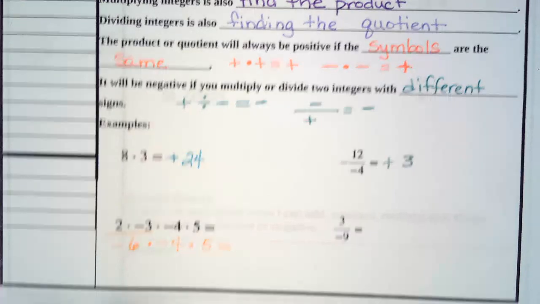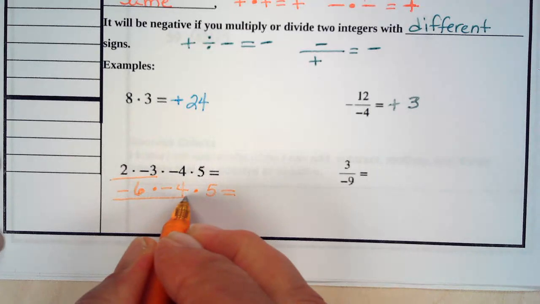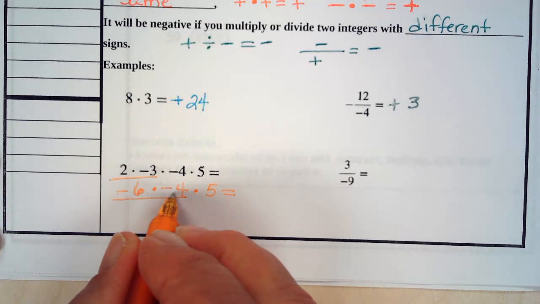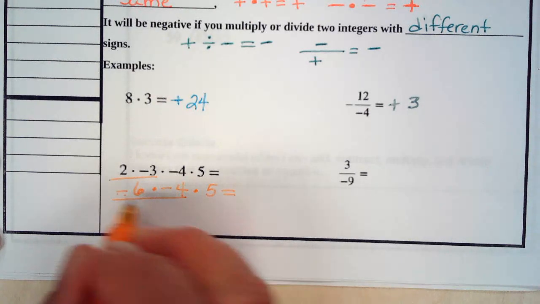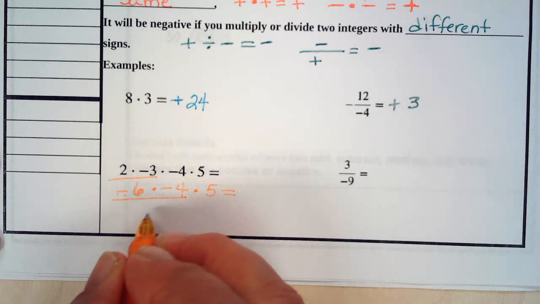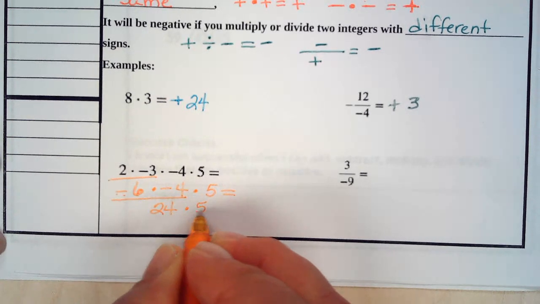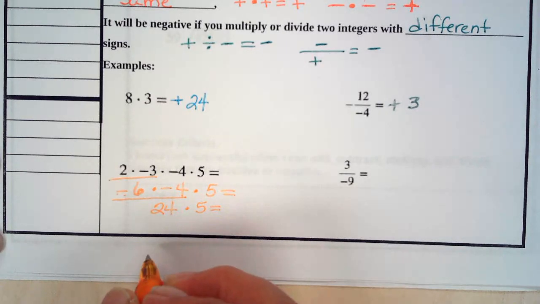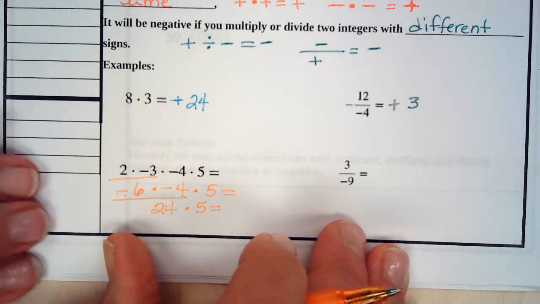Order of operations says I do whichever one I see first because it's all multiplication. Negative 4 times negative 6 is a positive. 6 times 4 is 24. Times 5 is, if I had 5 quarters, I'd have $1.25.